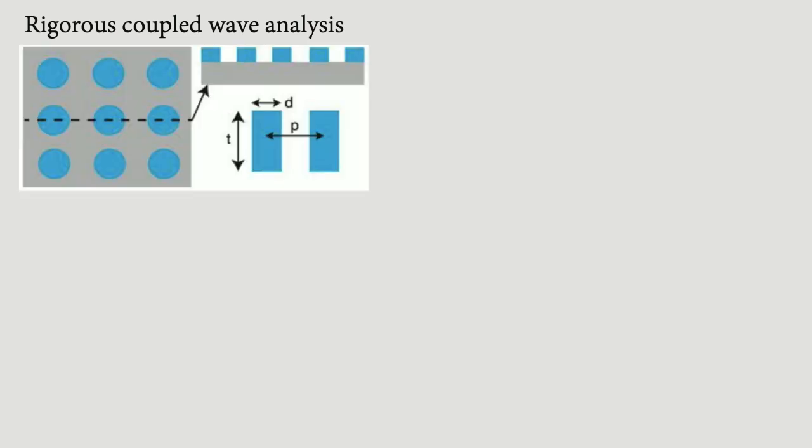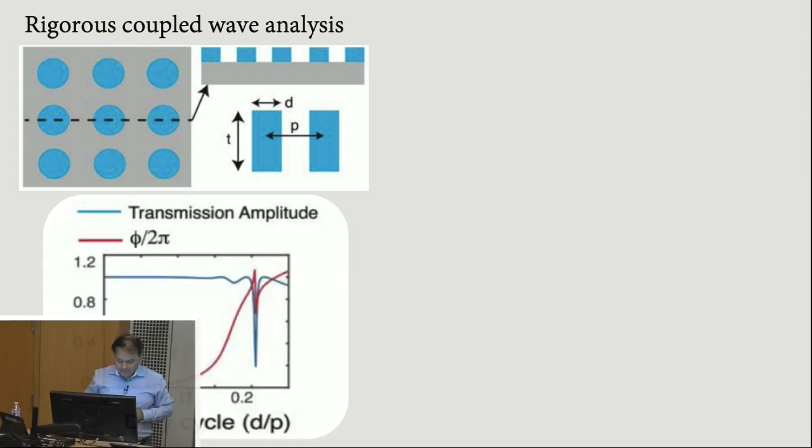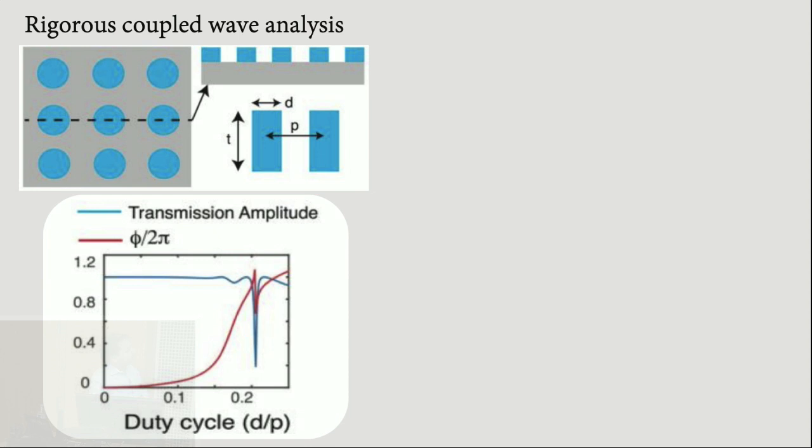What we can show here is that if you have, let's say, a cylindrical pillar, so we have cylindrical pillars arranged in a periodic lattice, and in this kind of structure we have some thickness, some periodicity, and the pillar diameter. Just by changing the pillar diameter in this array, we can give the phase shift from 0 to 2 pi while keeping the transmission amplitude almost constant.